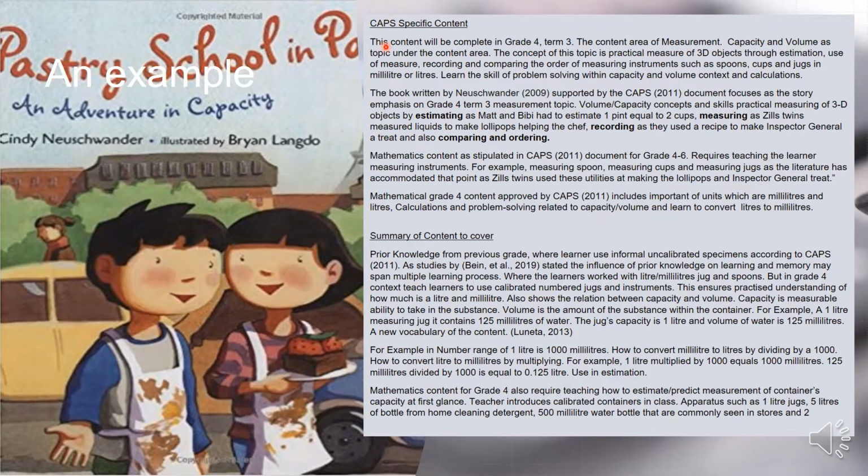This content is covered in grade 4 term 3, where the content area is measurement, with capacity and volume as the topic.